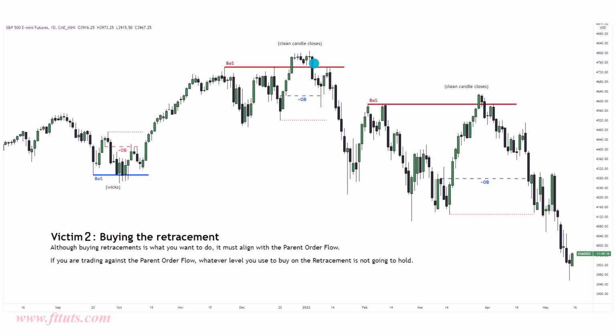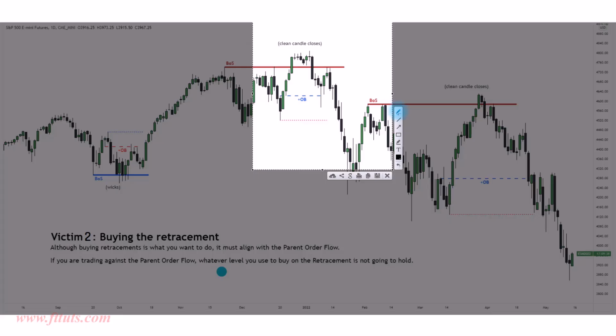It's because this level acts as the parent order flow, and then anything against the parent order flow starts breaking. So this order block breaks, this order block breaks, this fair value gap breaks, and then that's your draw on liquidity, these lows here. So although buying retracements is what you want to do, it must align with parent order flow.